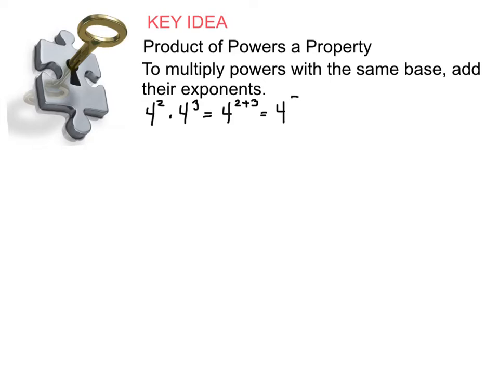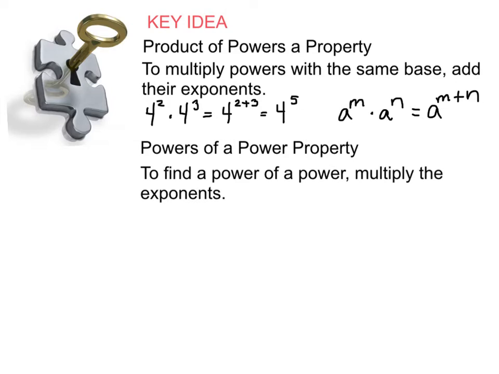Now, if we write that in algebra, we could say a to the m times a to the n equals a to the m plus n, because we can add the powers together. Notice that here we have the same base, and here we have the same base. Make sure that you understand this only works when you have the same base.